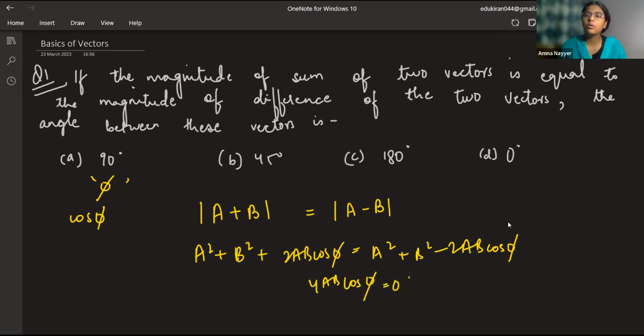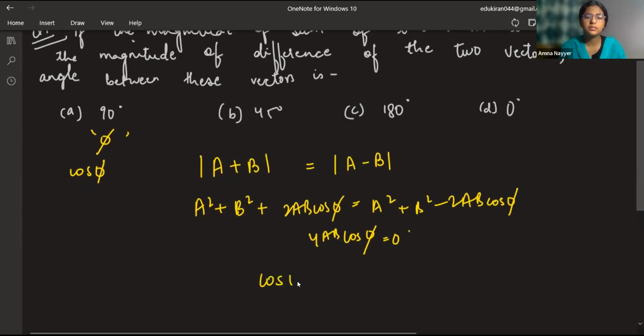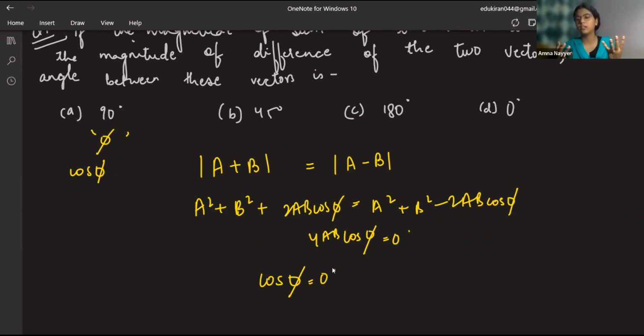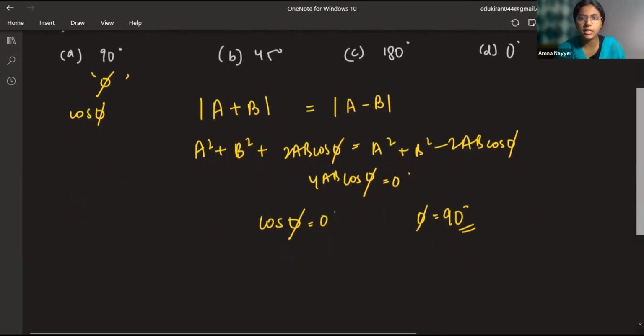So cos phi is equal to 0. And when is any angle theta, cos equal to 0? For 90 degrees. So correct, all those who have submitted the answer as A, this phi, this will become 90 degrees. Note down the solutions, those who haven't. I'm writing another question till then.